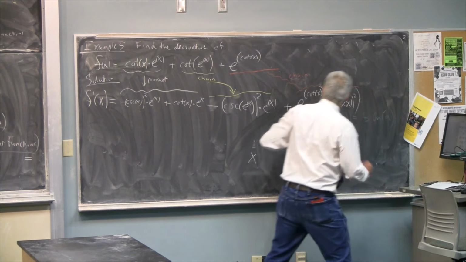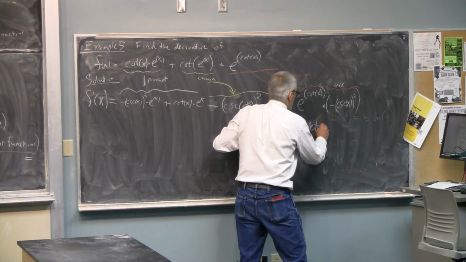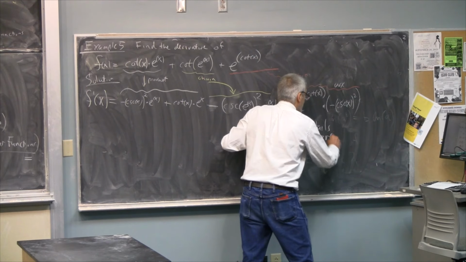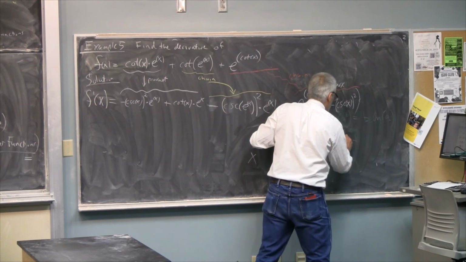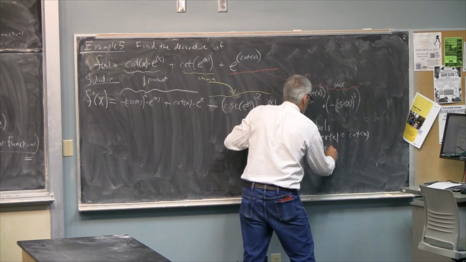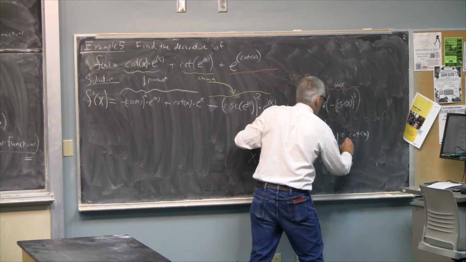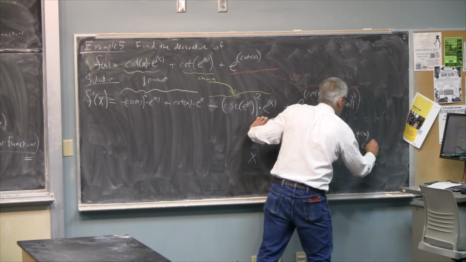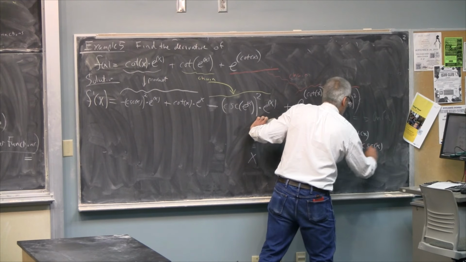Let me just do the details. So my inner of x is cotangent of x. So my inner prime of x is minus cosecant of x squared.